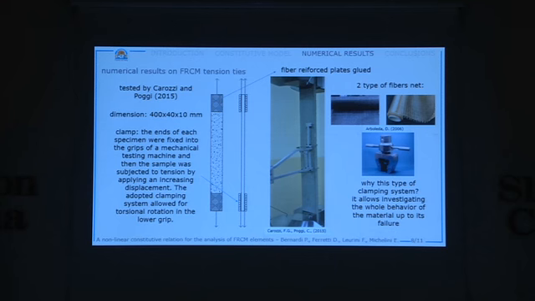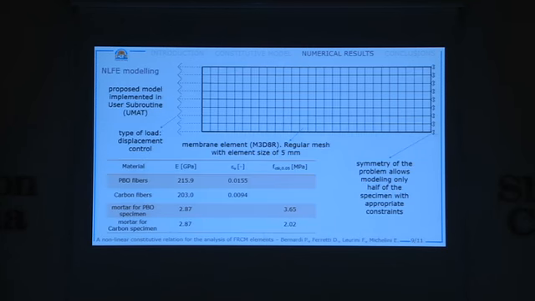The model was implemented in Fortran language, in a user subroutine which is used with Abaqus. We modeled one half of the specimen, taking advantage of the symmetry and putting appropriate constraints.